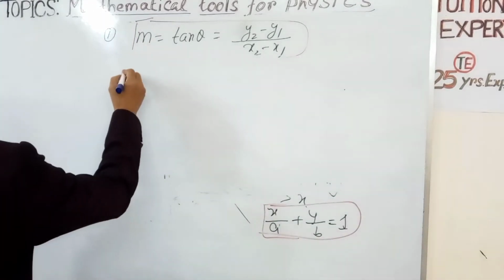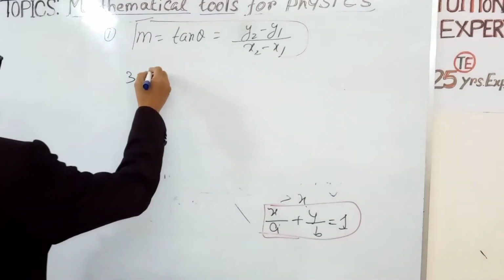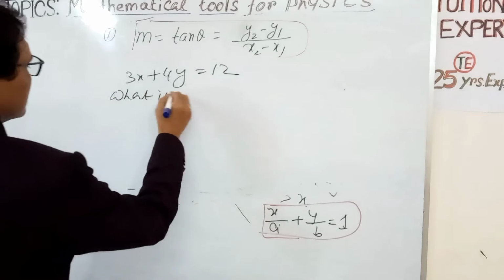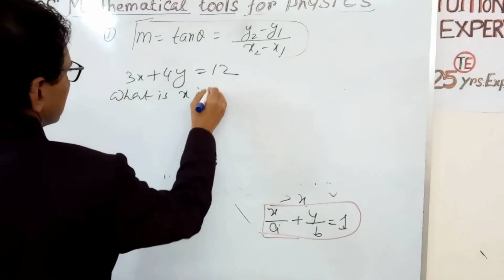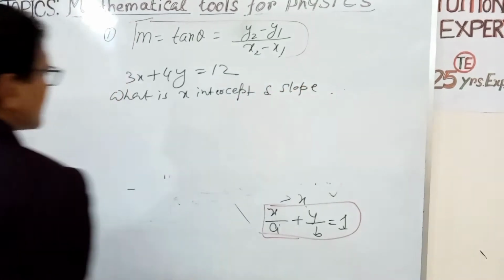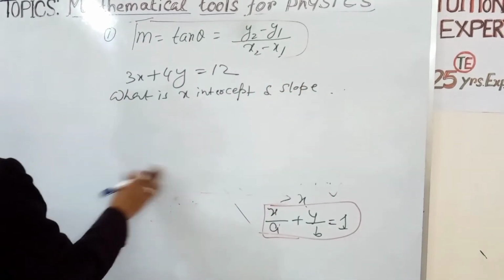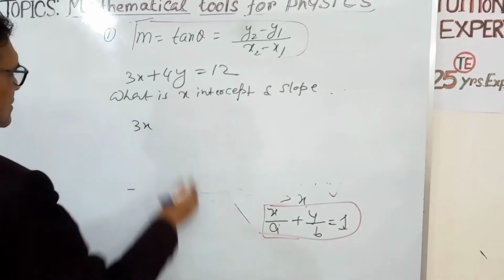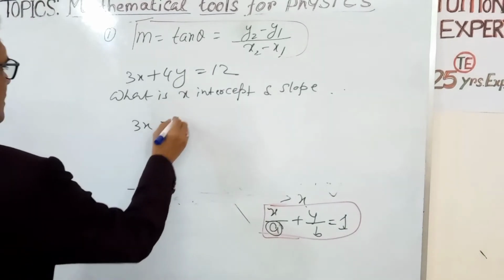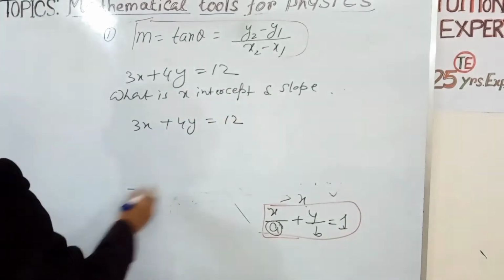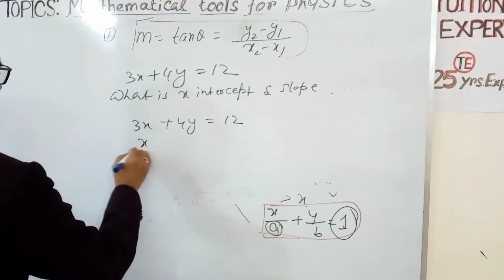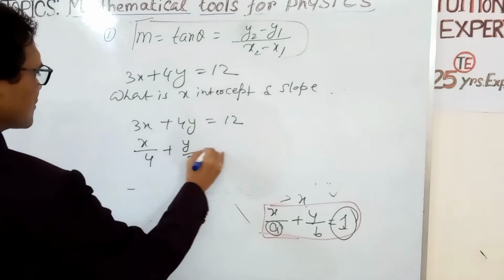Suppose the equation of a line is given. What is the x-intercept and slope? We have to express this equation in this form, then we can find the x-intercept. The right hand side should be 1, so x by 4 plus something equals 1.